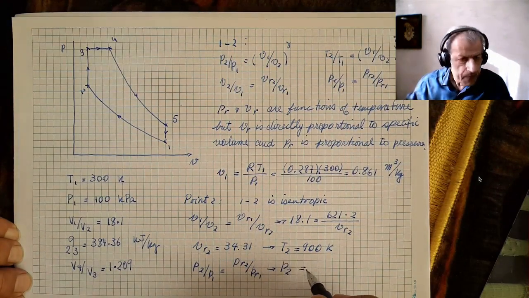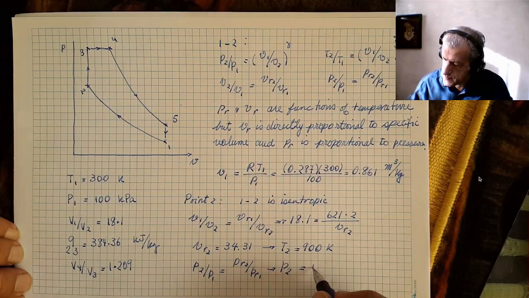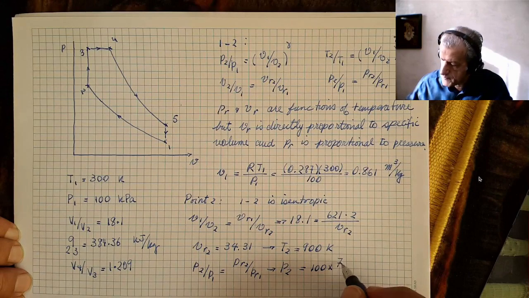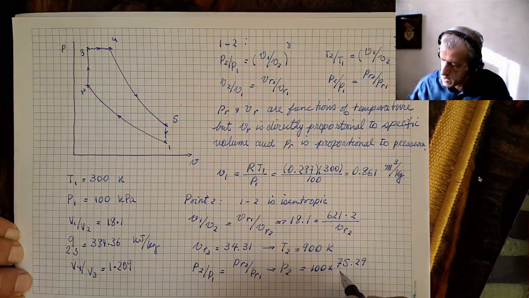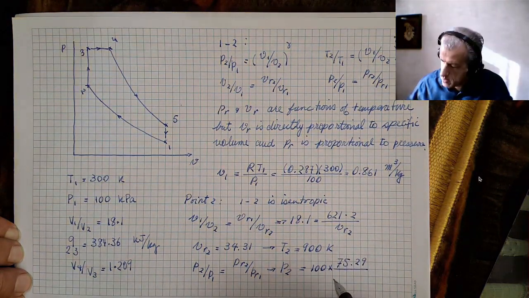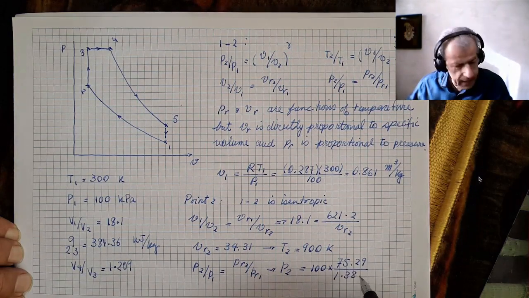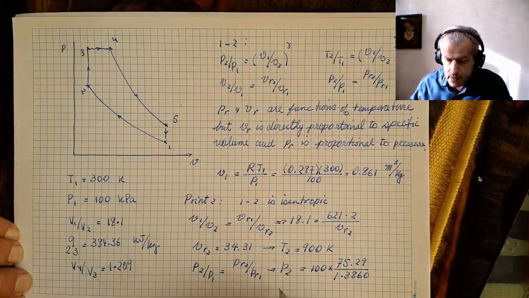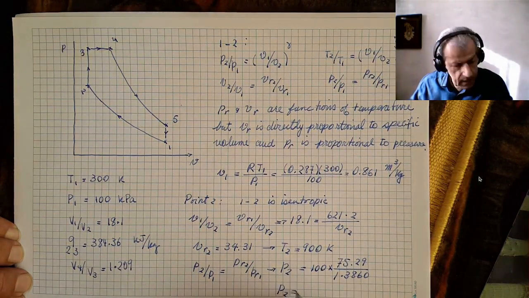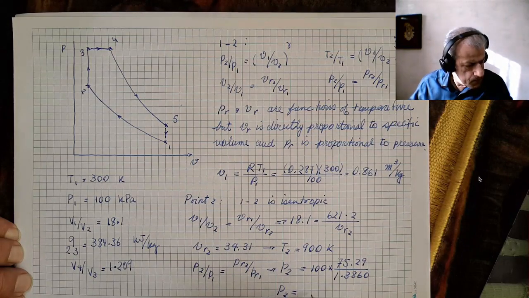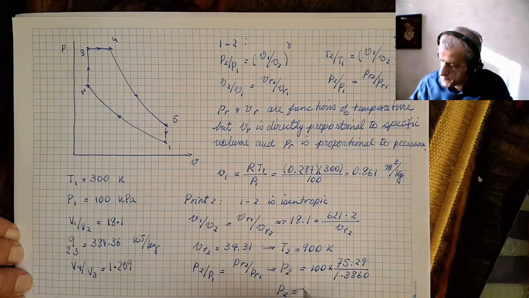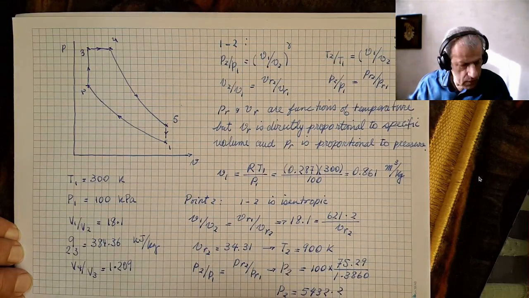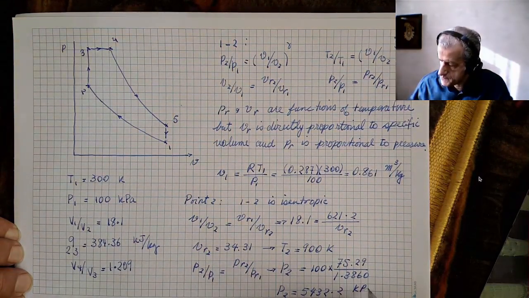is 100 times 75.29 divided by 1.3860, and the final outcome is P2 equals 5432.2 kilopascal.